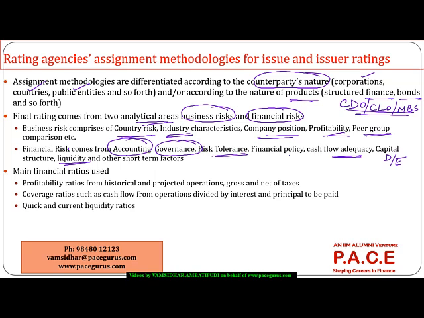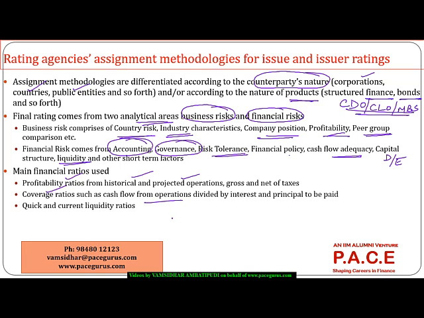So various financial ratios are being used, right? Profitability ratios are typically used from the historical as well as based on the projected operations, revenues, expenses, taxes, etc. Lot of coverage ratios are typically computed, right?